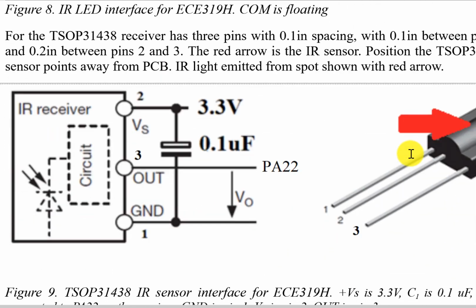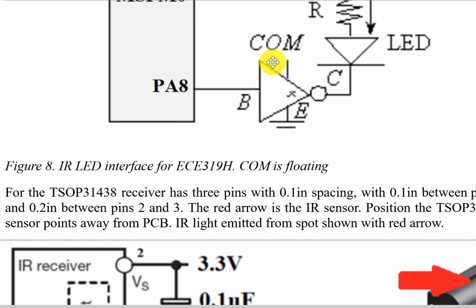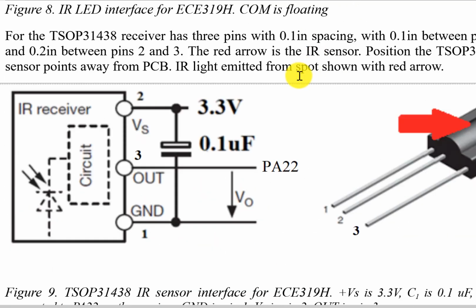And then the other half of 319H is the receiver. This is the infrared receiver. Again, if you're in 319K, you can leave this part off. But if you're in 319H, you might as well think about adding the LED and the infrared sensor.